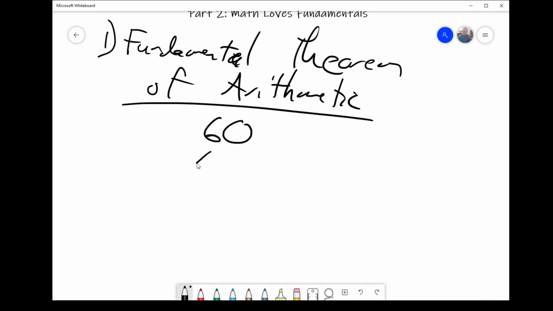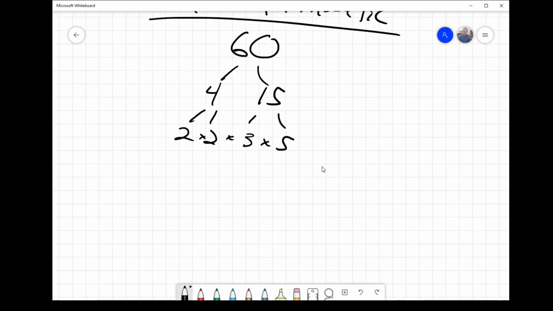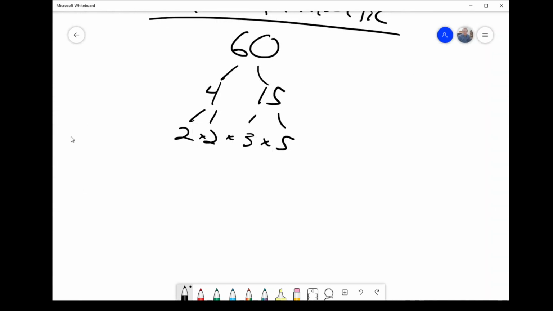So if 3 different people factorize 60 into its prime factors in 3 different instances, well, you could get more than one sequence. In the end, everybody who does it correctly is going to get 2 2s, a 3, and a 5.